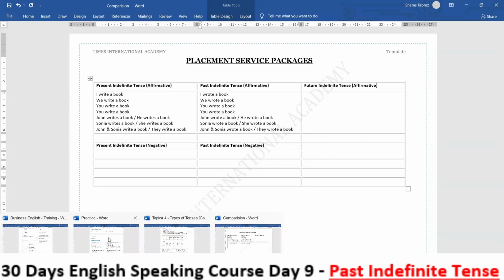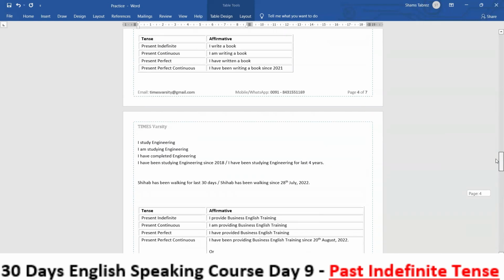So take only the negative sentences from past indefinite.